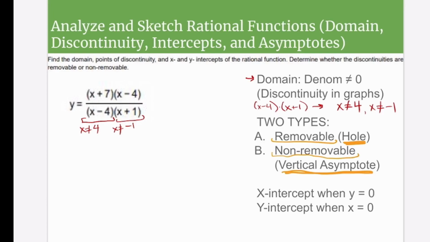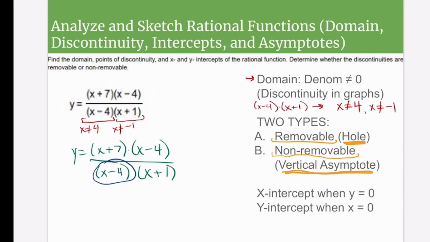So if we look at this function, y equals, the numerator is x plus 7 times x minus 4. Our denominator is x minus 4 times x plus 1. Hopefully you can see right away this rational expression has common factors.